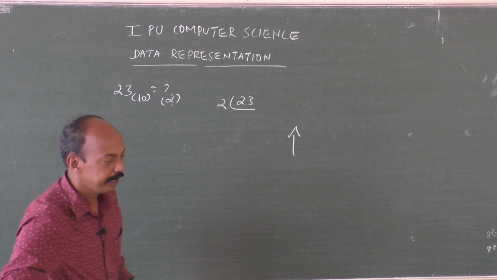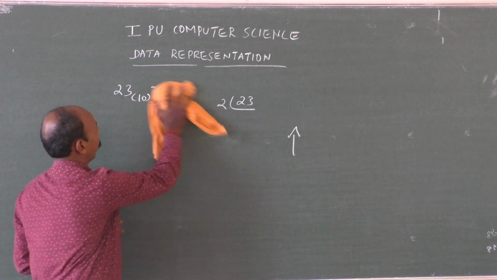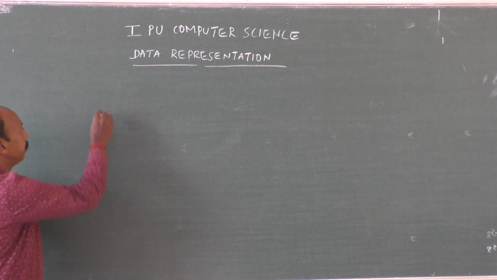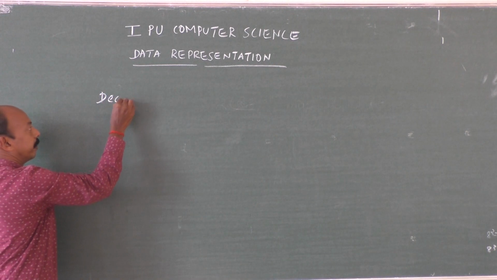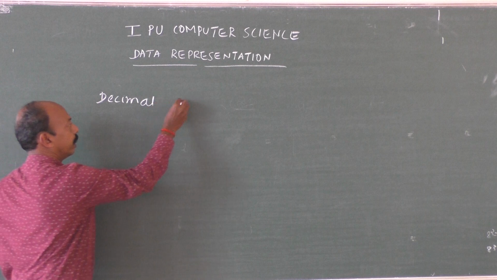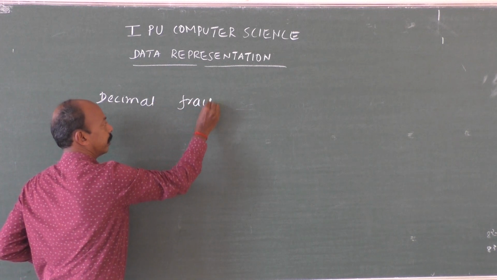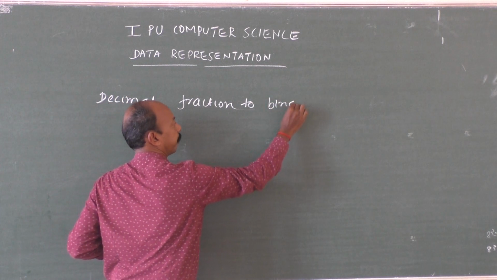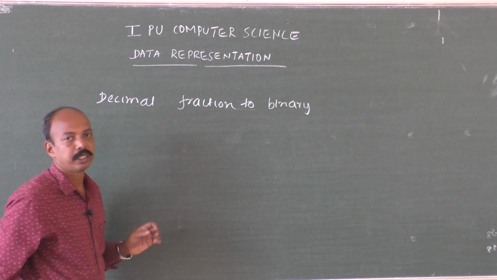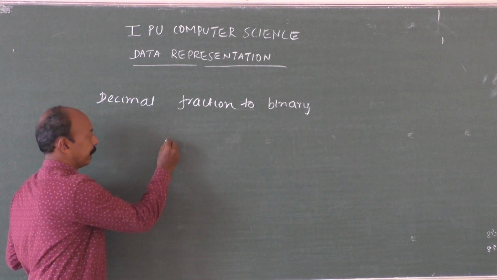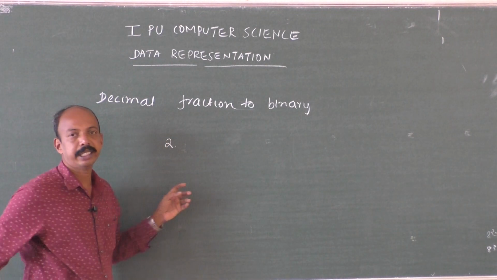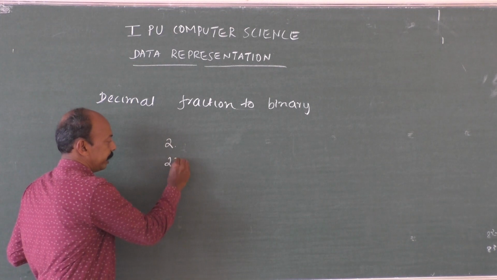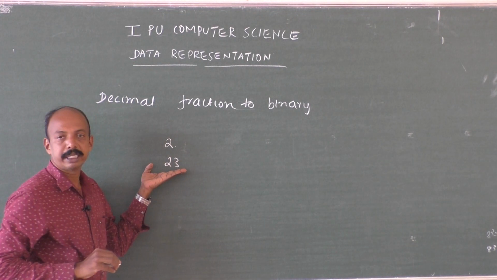Okay, today we shall see one more concept, that is decimal fraction to binary. So what is the fraction? Whenever we write a number 2, it's an integer, it's a whole number, right? 23 again is a whole number, it's an integer.